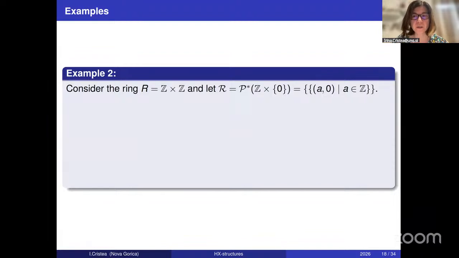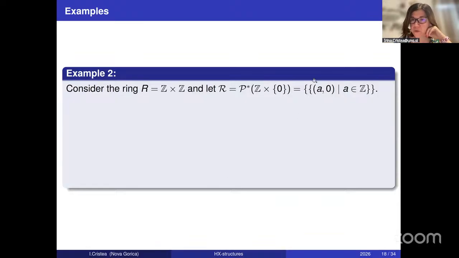Let's see a more complex one. So we start with the ring R being the direct product Z times Z, and then the HX ring is the set of non-empty subsets of the direct product between Z and 0.